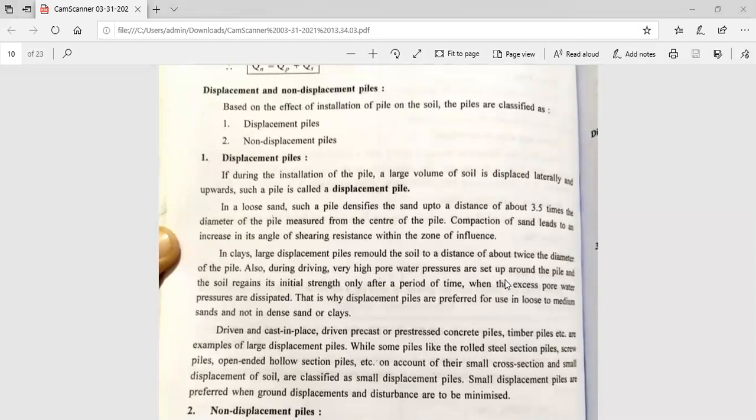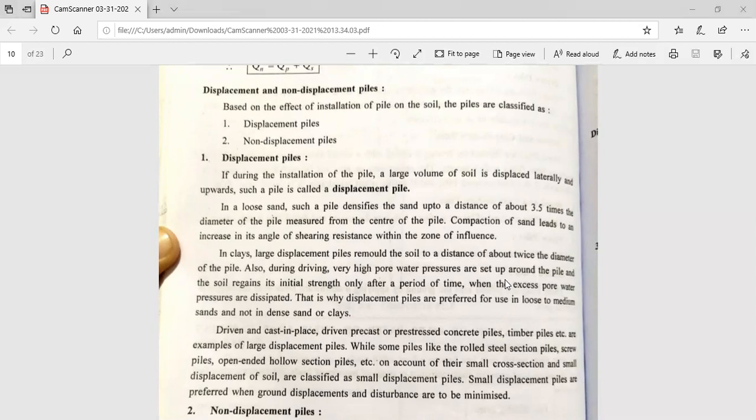In a loose sand, such a pile densifies the sand up to a distance of about 3.5 times the diameter of the pile measured from the center of the pile. So the compaction of sand leads to an increase in its angle of shearing resistance within the zone of influence.